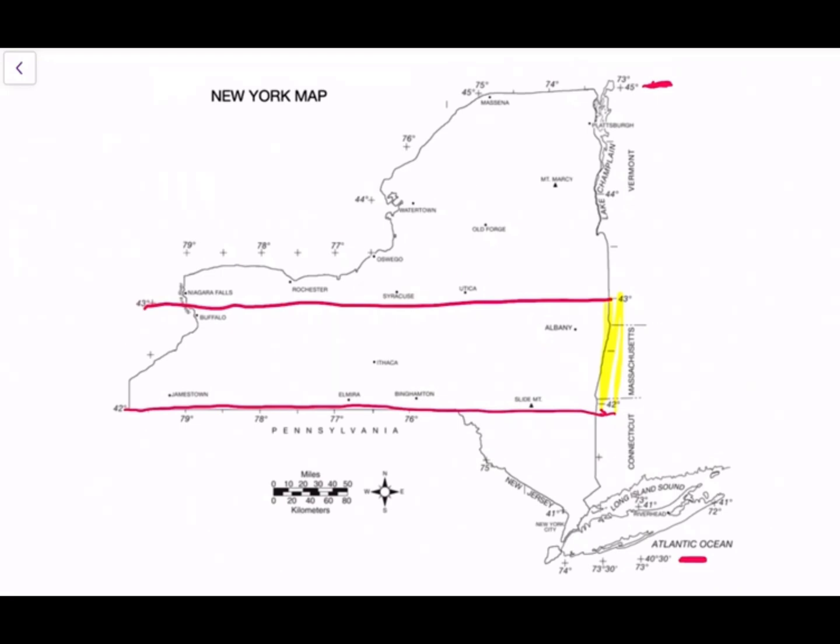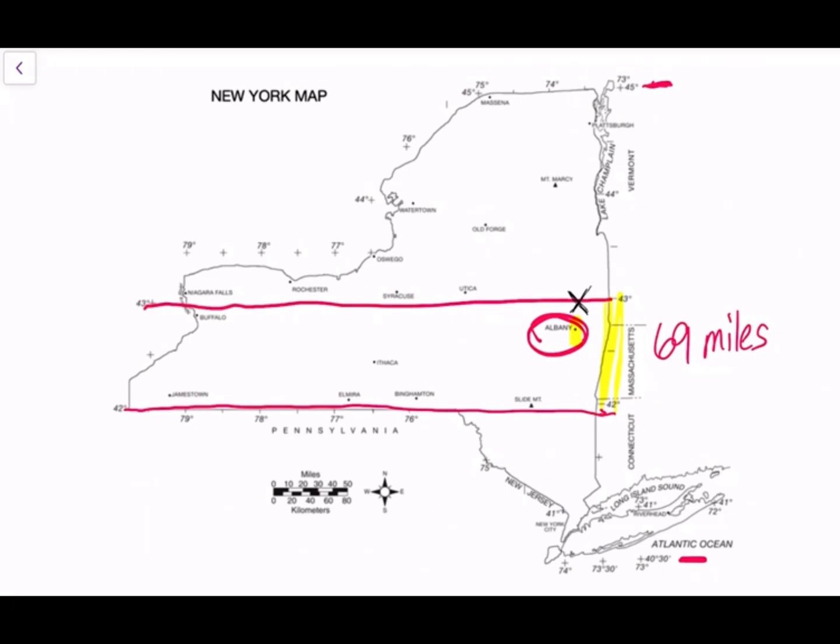Because in between 1 degree of latitude, for example, there's about 69 miles of land. So if I'm trying to find Albany here, and someone tells me it's at 43 degree latitude, well, that's not really an accurate description because 43 degrees is up here, but Albany is actually all the way down here.